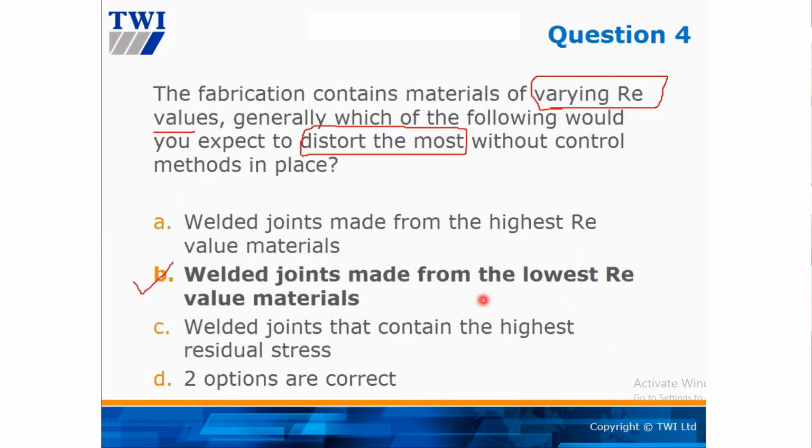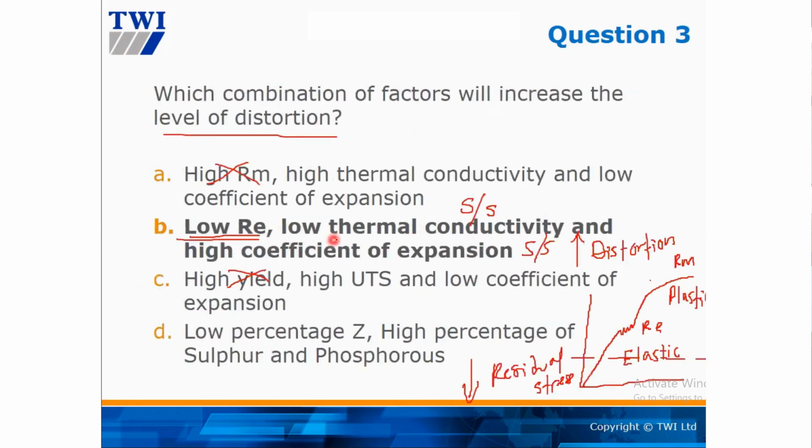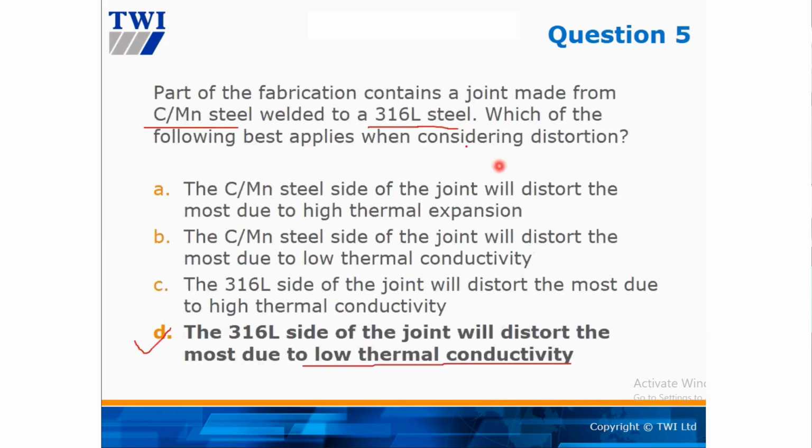So this is related to question number 3. Low thermal conductivity and high coefficient of expansion apply to stainless steel. So in question number 5, 316L means stainless steel, low carbon.